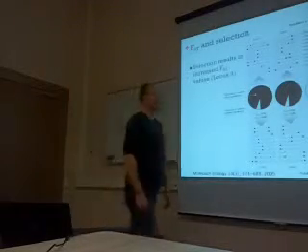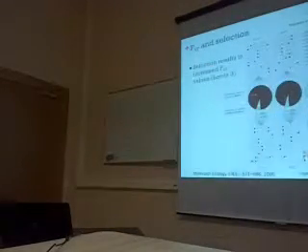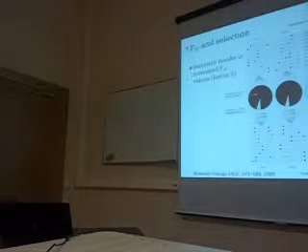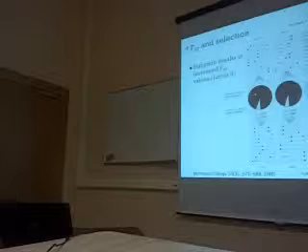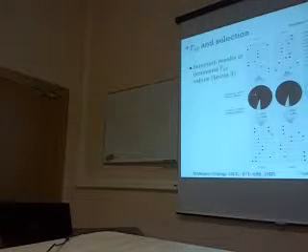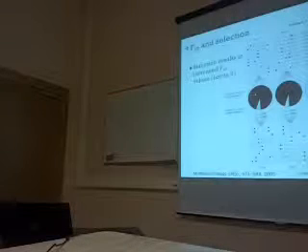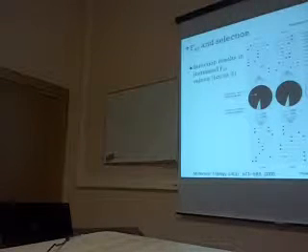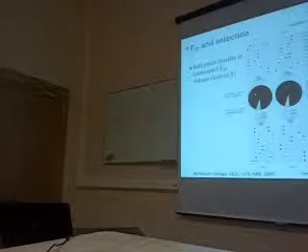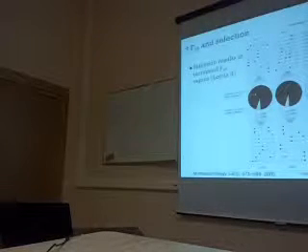Okay? But in the selected locus, remember, everybody's going to be the same. So in the selected locus, there will be a consistent difference in this population from this one. So in this place, you will always have this allele, and you might or might not have it in this population.